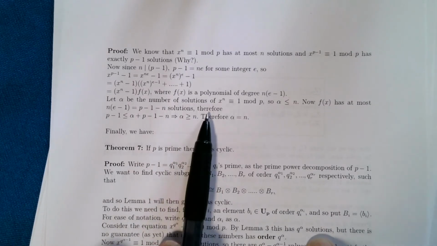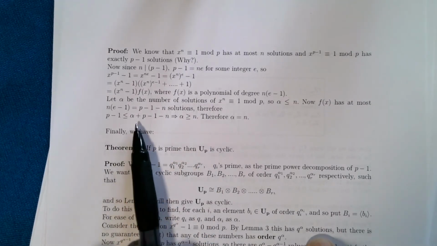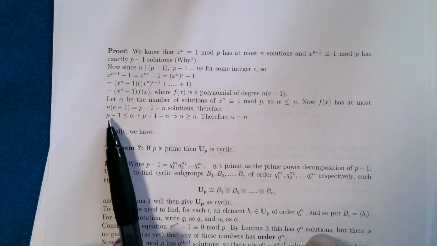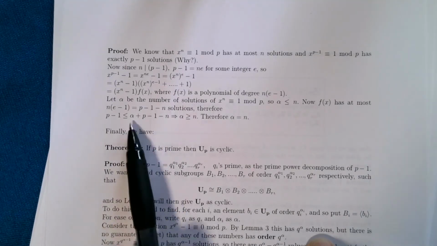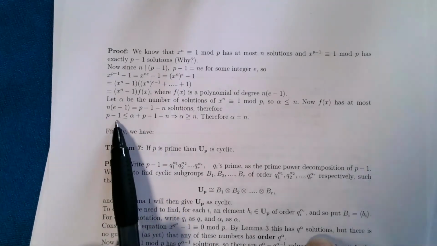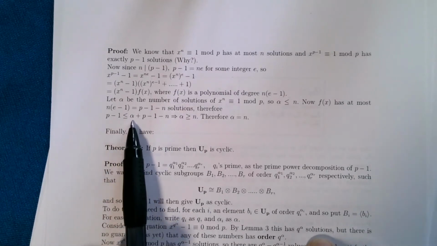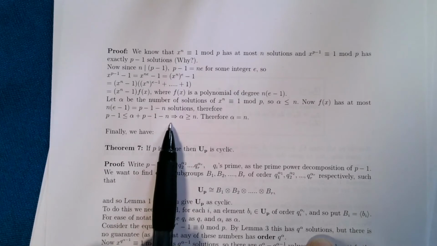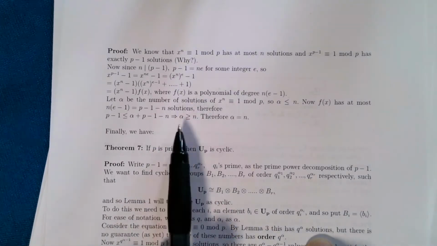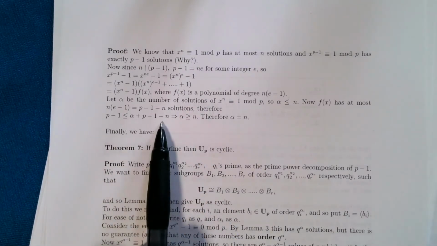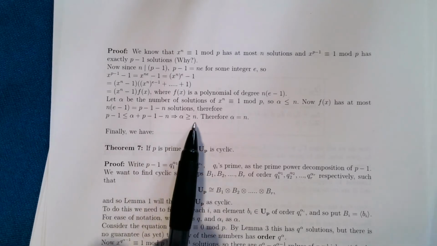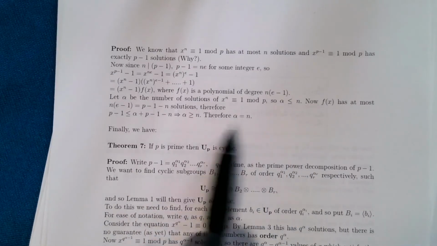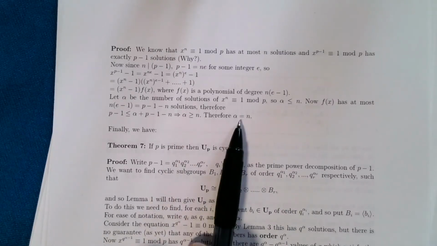So p minus 1 is less or equal to alpha plus p minus 1 minus n. Rearranging, alpha is bigger or equal to n. Since alpha is less or equal to n and bigger or equal to n, alpha is equal to n. So that has exactly n solutions.